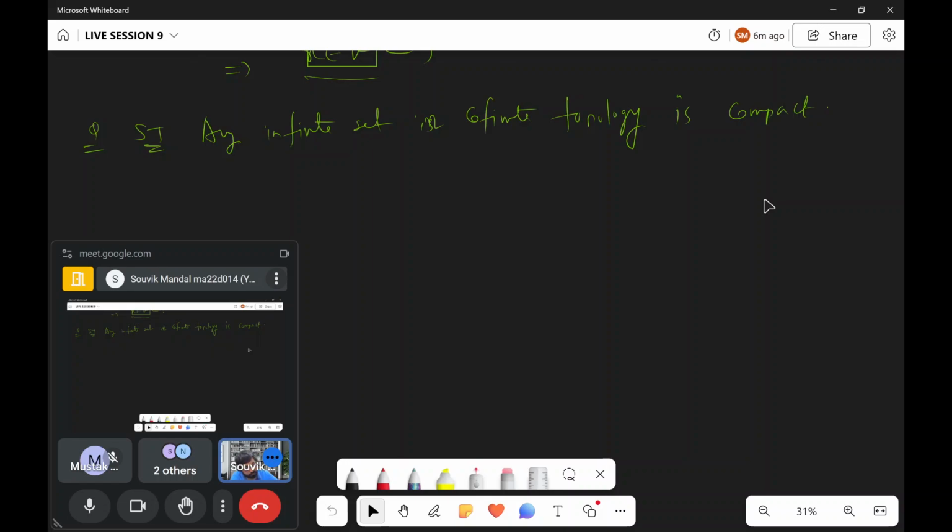So for this, what you need to do is to show any open cover has a finite subcover.